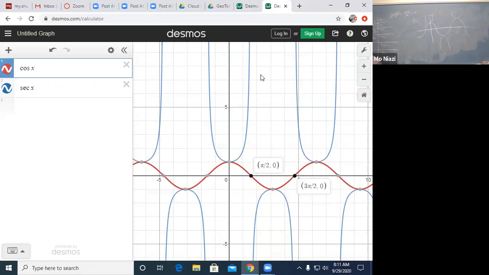Then the secant of pi over 3, what is this equal to? That's 1 over the cosine of pi over 3. Then you get 1 over 1/2, right?